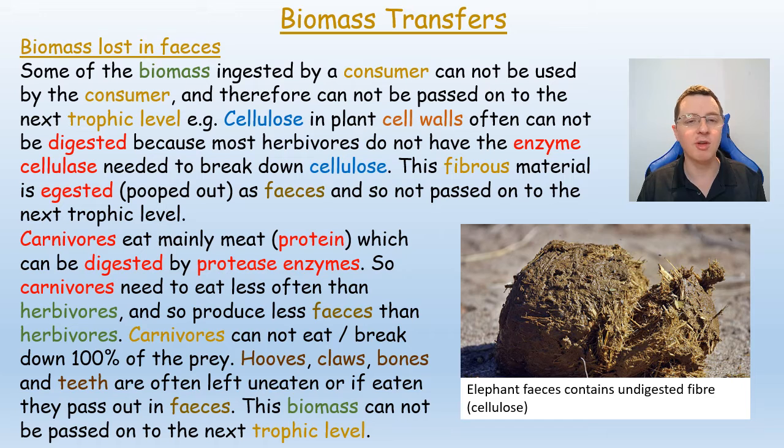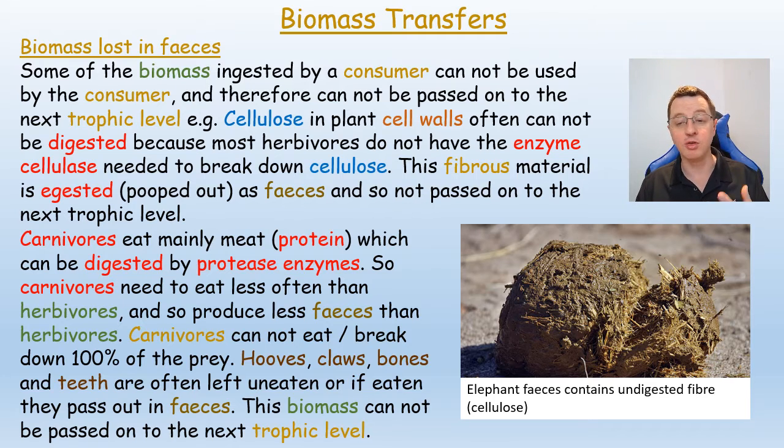So we need to consider in a little bit more detail each of the ways that biomass is lost. If we lose biomass in feces, then some of that biomass is ingested by a consumer and it cannot be used by the consumer and therefore cannot be passed on to the next trophic level. For example, cellulose in plant cell walls often can't be digested.